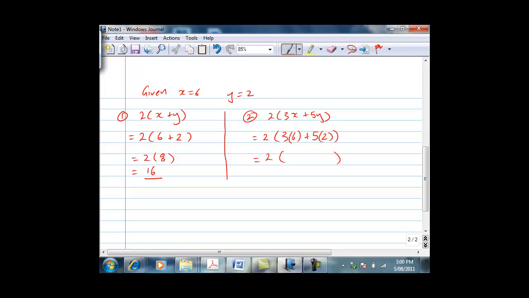Inside the bracket we've got 3 times 6, which is 18, and 5 times 2 is 10. We continue with the bracket. Inside the bracket we've got 18 plus 10, which is 28, and then expanding that, multiplying 2 and 28, we get 56.